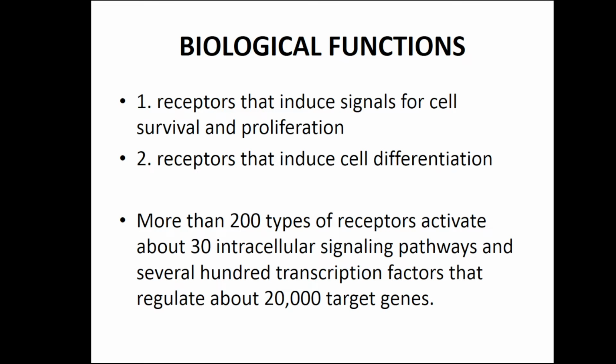What we need to know about biological function. The first, receptors that induce signals for cell survival and proliferation. The second, receptors that induce cell differentiation. Today we have information about more than 200 types of receptors, activating about 30 intracellular signaling pathways, and several hundred transcription factors that regulate about 20,000 target genes.